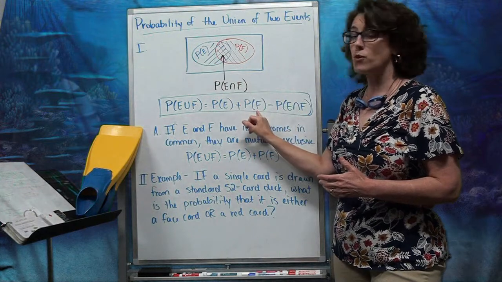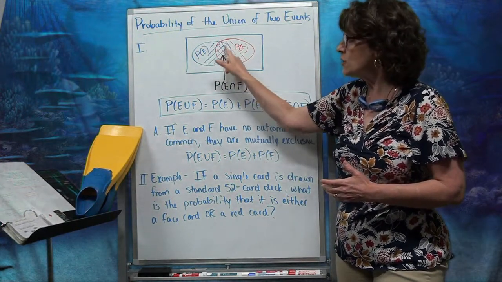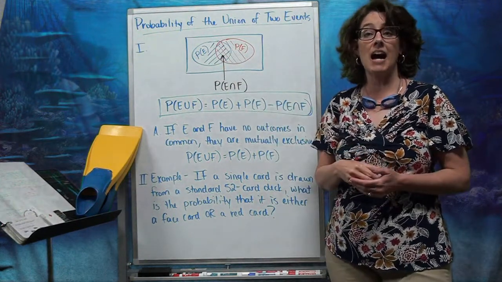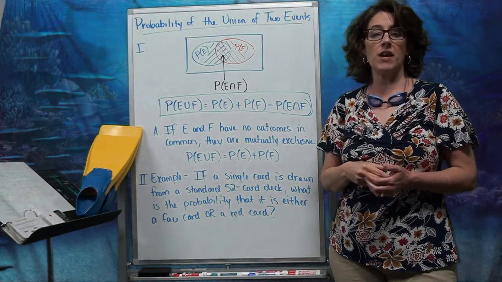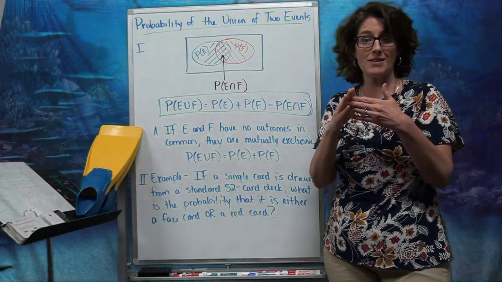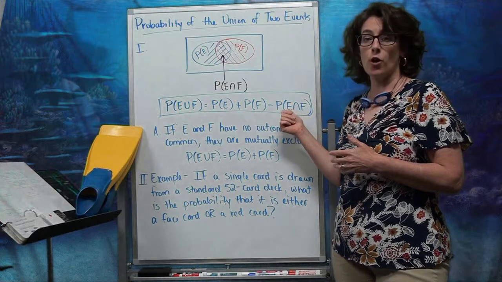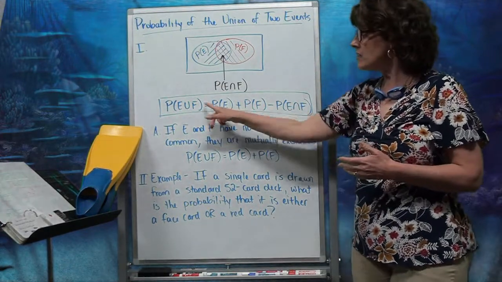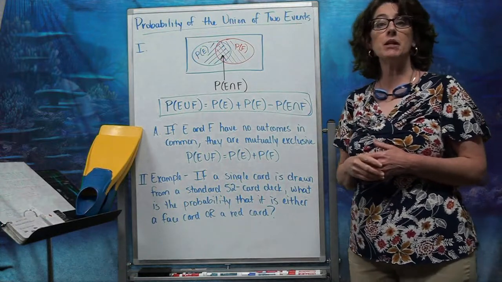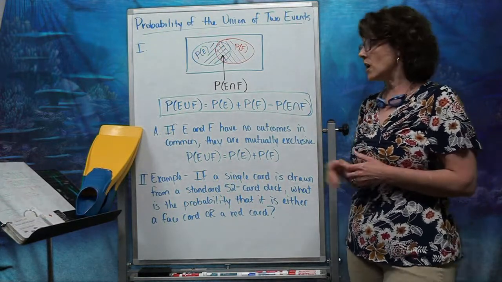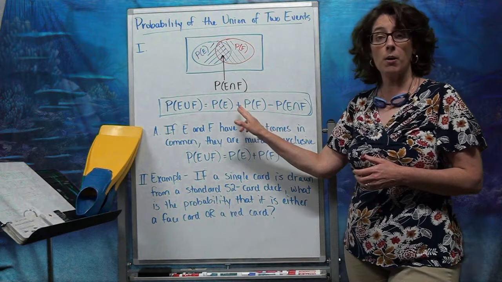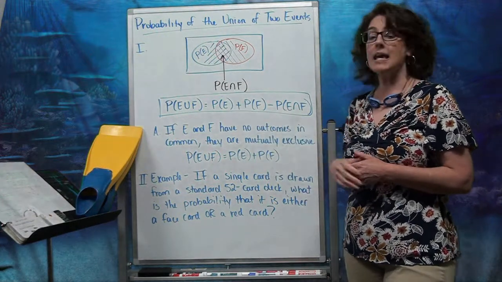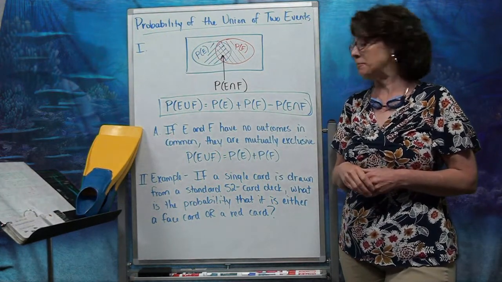The probability of the red event takes into account the centerpiece a second time. We don't want to count that overlapping part twice. So we need to take out that overlap part so that it only gets counted once. And this is our formula for the probability of the union of two events. Take each event, add their probabilities together, and take out the probability of the overlap.